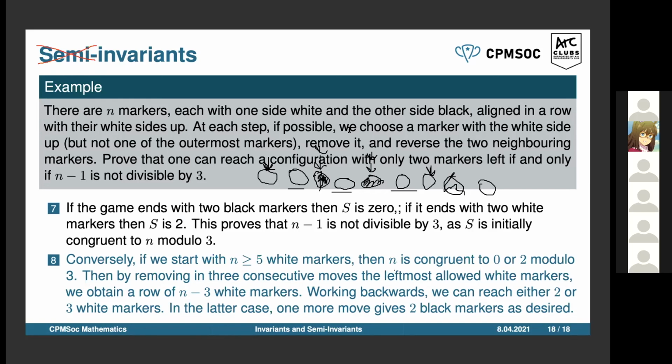So in the end, we have to have 0 or 2 mod 3 white markers, which is just 2 or 3 once we reduce to the smallest case we can get. And if we just have 3 white markers, we can take out the middle one, and the other 2 turn black.